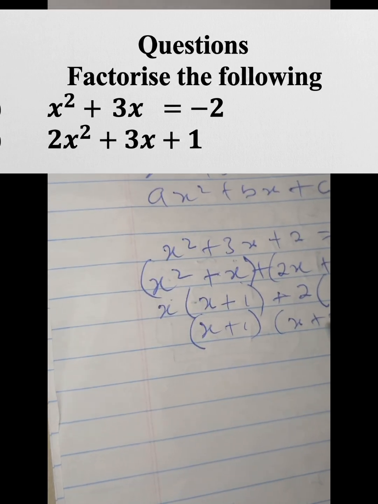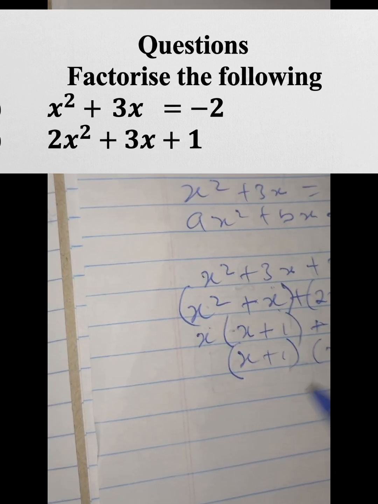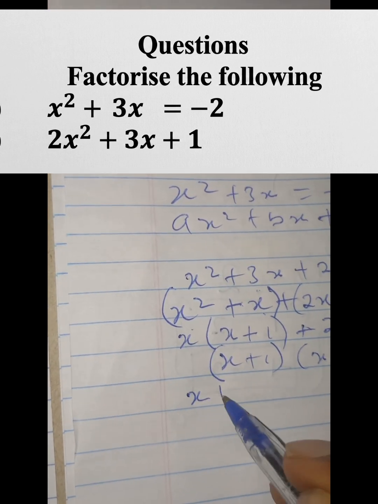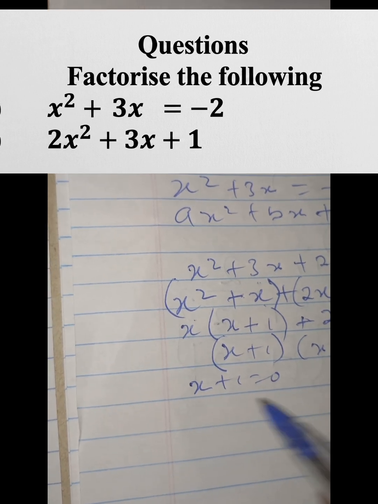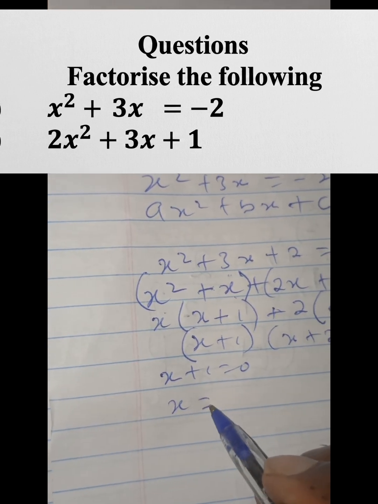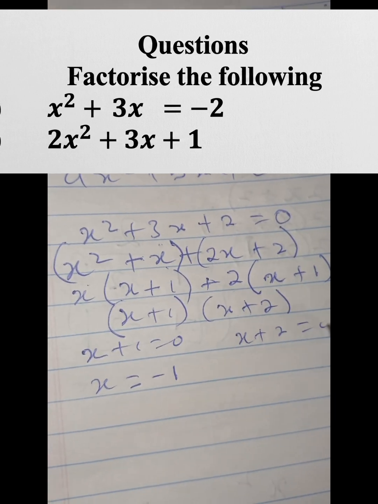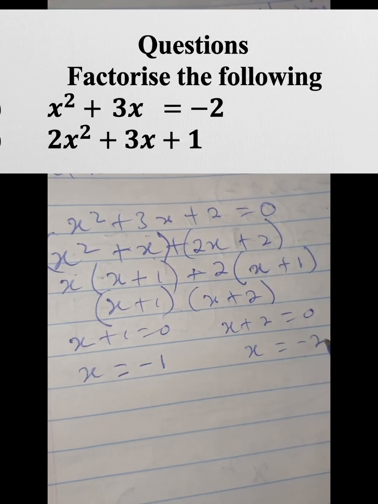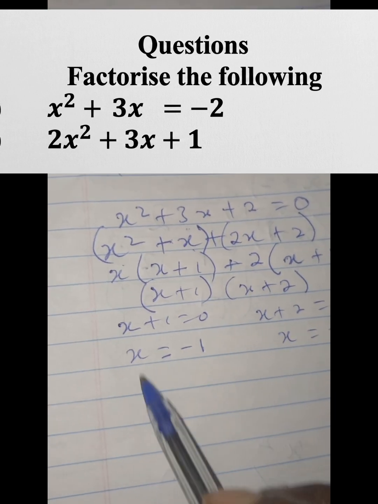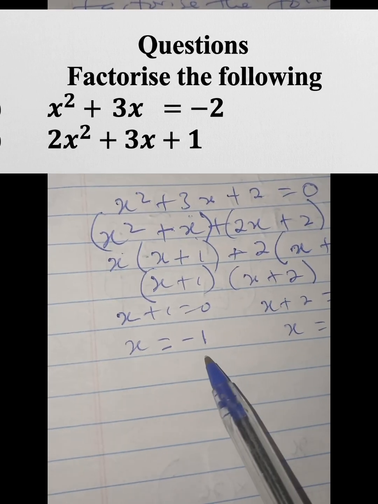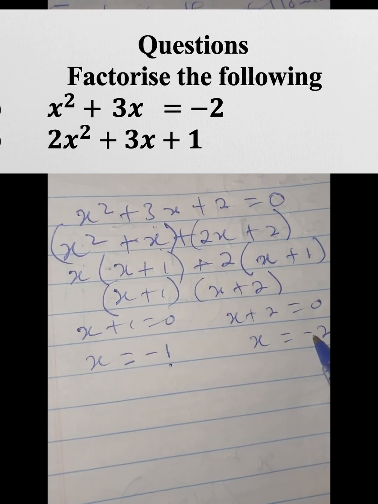Now let's equate them to 0 in order to find the values for which the equation will be equal to 0. So x plus 1 is equal to 0, so our x value is minus 1. Then x plus 2 is equal to 0, so our x is equal to minus 2. So the values for which the equation will be equal to 0 are minus 1 and minus 2.